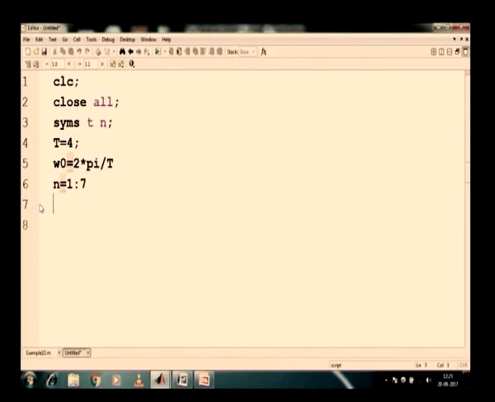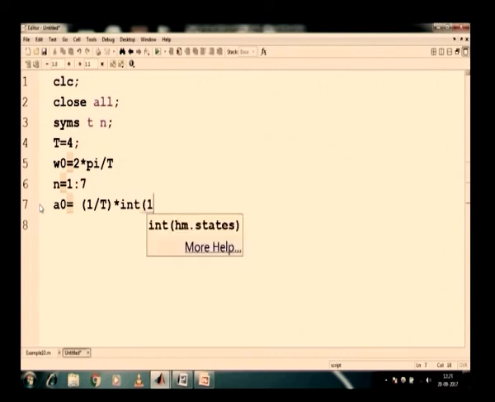Then you directly write the formula: a naught equal to 1 by t multiplied with integral of 1 comma t comma over the period 0 comma 2.